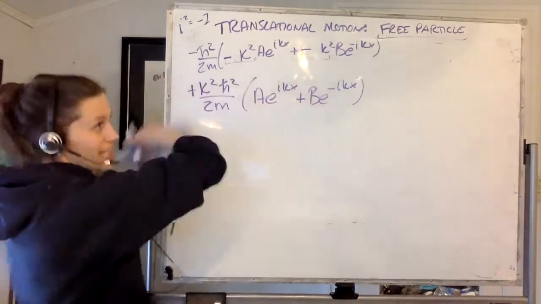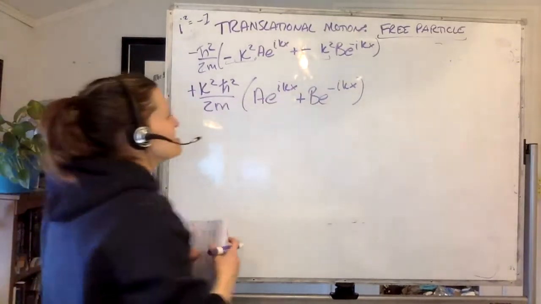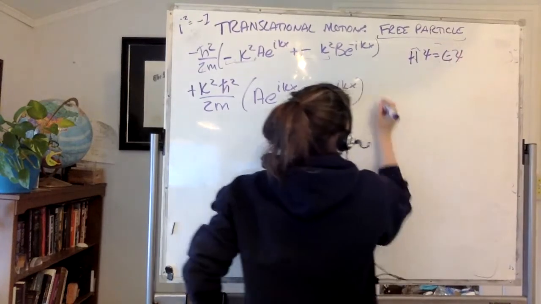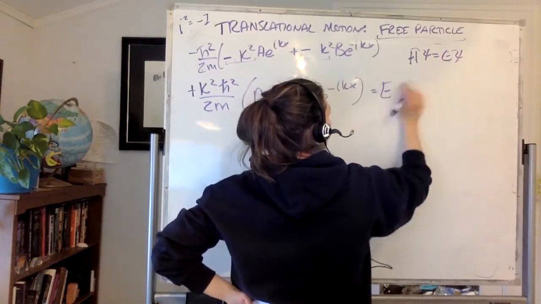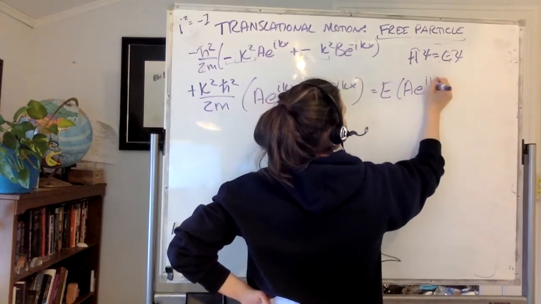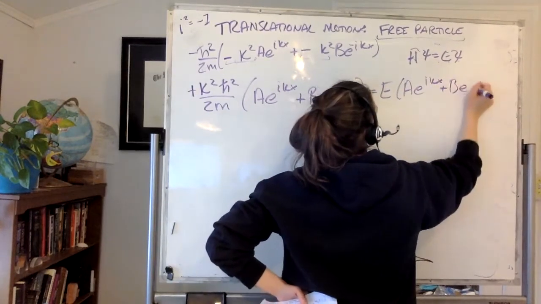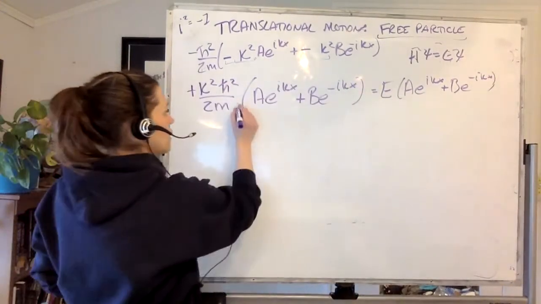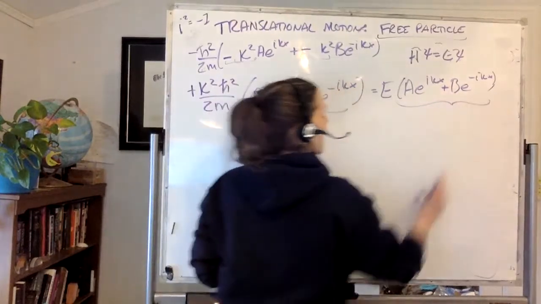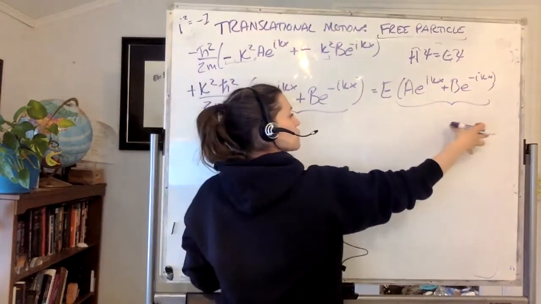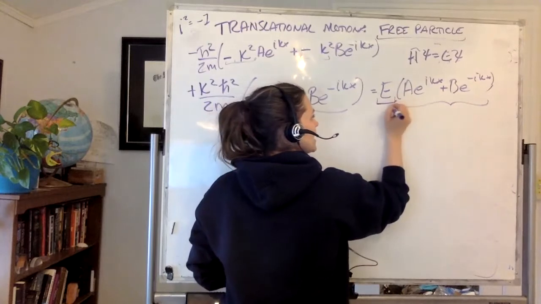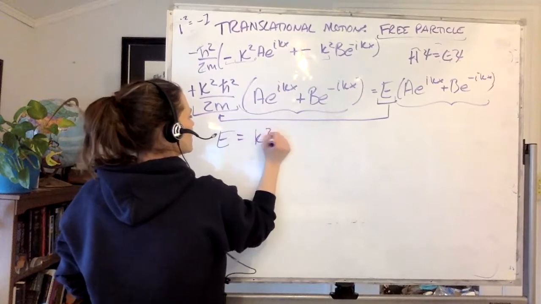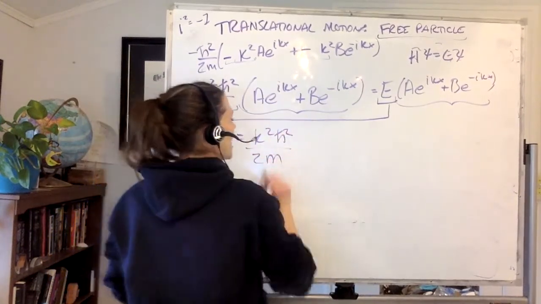This is the left-hand side of the equation. So don't forget we've got H psi is equal to E psi. So I'm going to say now this is equal to E, and our psi was a e to the ikx plus b e to the minus ikx. And check this out. I have my original wave function now back on the right-hand side, which means E must be equal to k squared h bar squared over 2m.